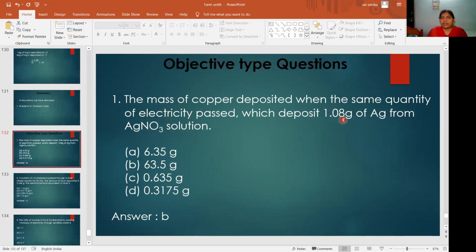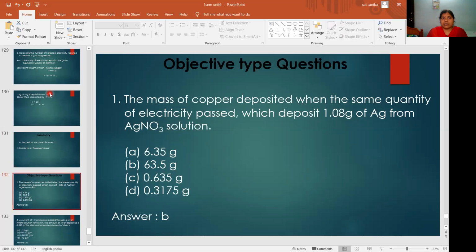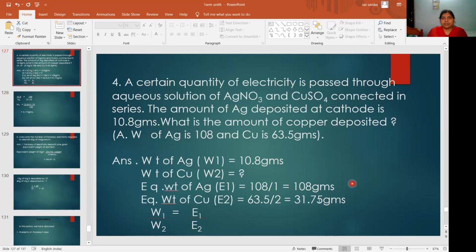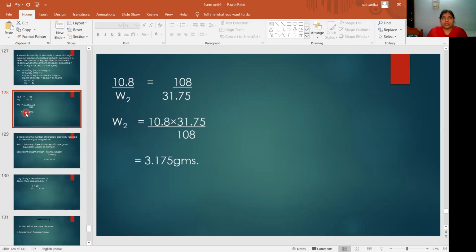The equivalent weight of silver is 108 and the equivalent weight of copper is 63.5 by 2, that is 31.75. So in the place of 10.8 you will write 1.08, remaining all same.